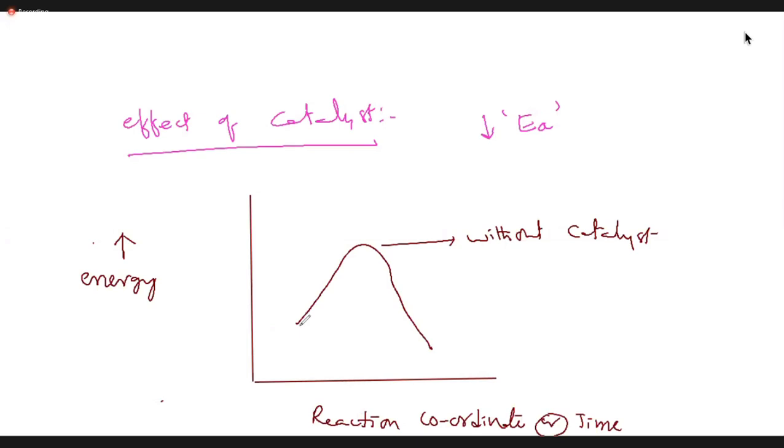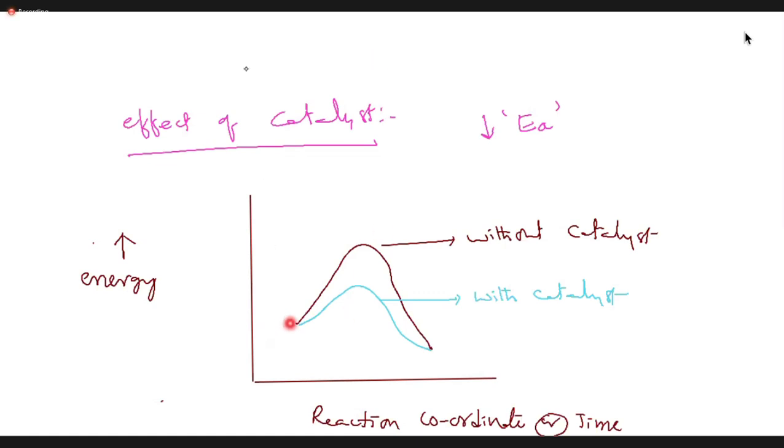If I put a catalyst, with catalyst. In the presence of catalyst, the graph is like this; in the absence of catalyst, the graph is like that. That is why I told you it is changing the reaction pathway. Earlier the reaction path was like this, now the reaction path is like this. What is this? It is energy.